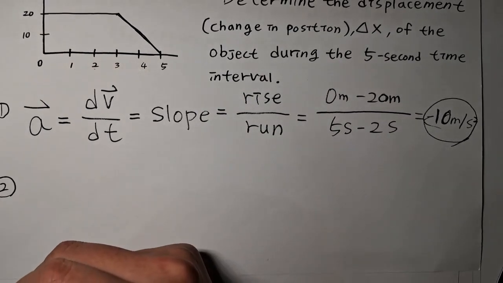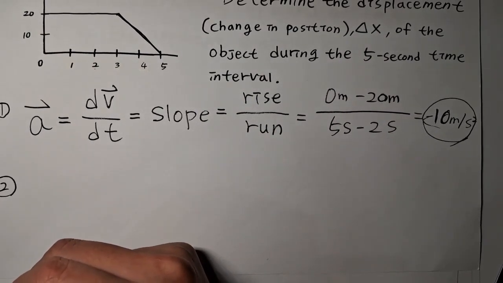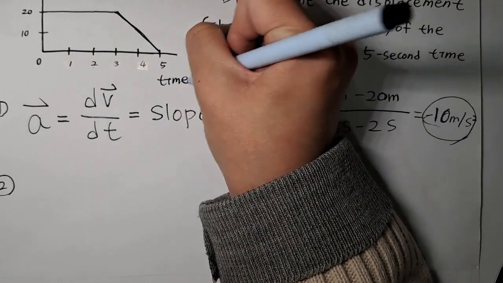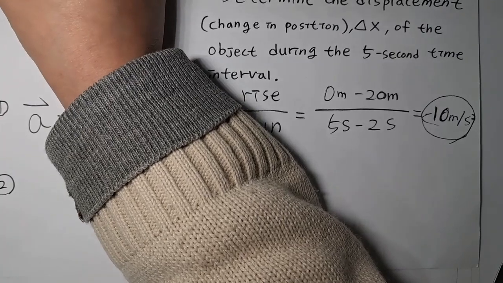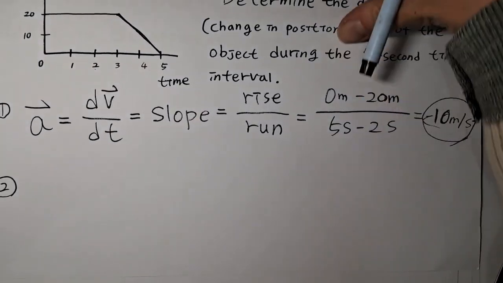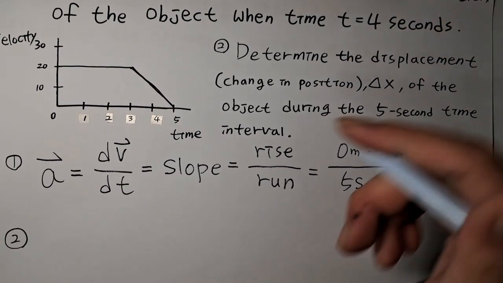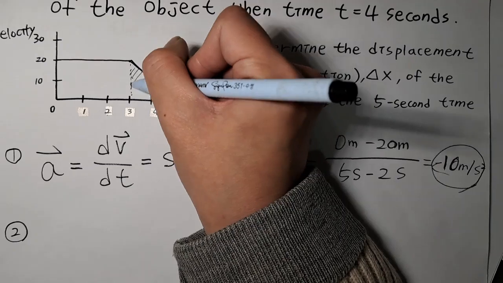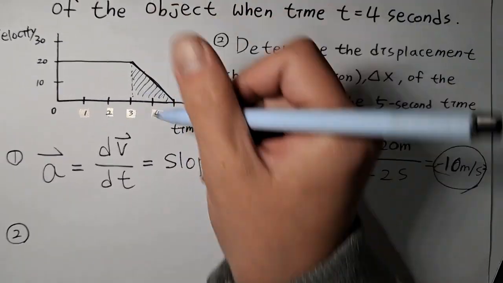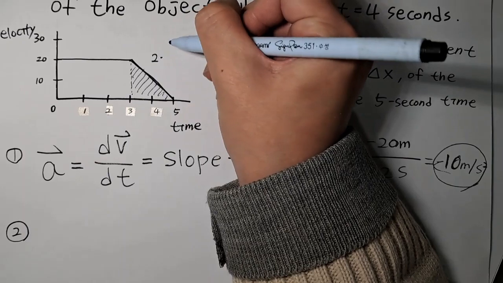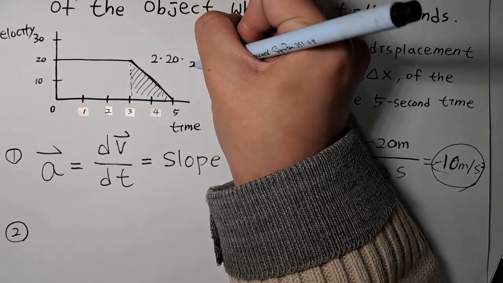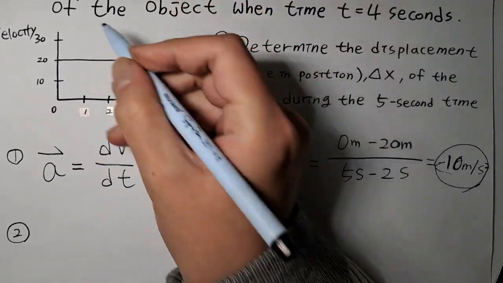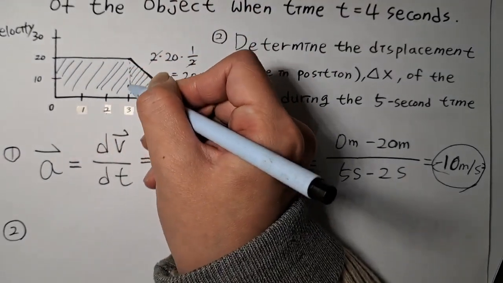So this is going to be time, and this is going to be velocity. And then we are going to find the distance. So this area is 2 multiplied by 20 and 1/2. So this is 20. And we are going to find this area.